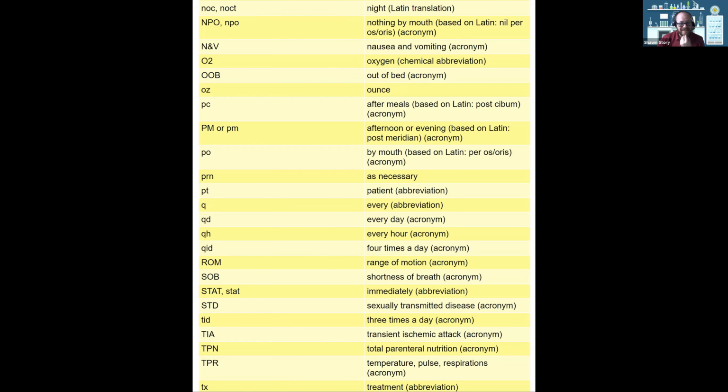We have TID. What could TID stand for? T would be like trio. 3 times a day? 3 times a day. 2 times a day is twice a day. It's BID.